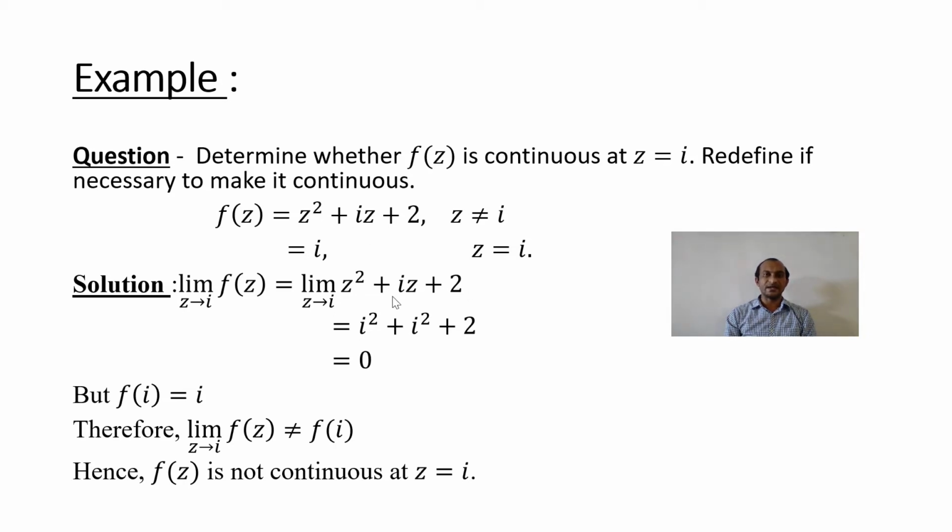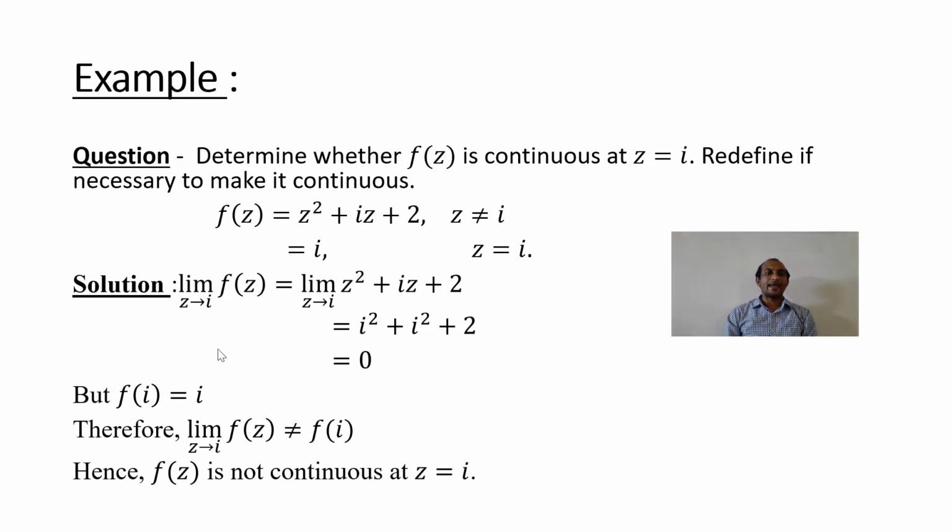Now apply the limit, so we get i square plus i into i plus 2. Now we know that i square is minus 1, so minus 1 minus 1 plus 2, minus 2 plus 2 is 0. So this limit we get 0.